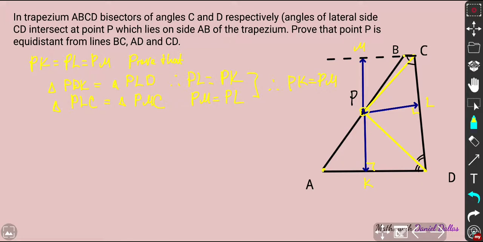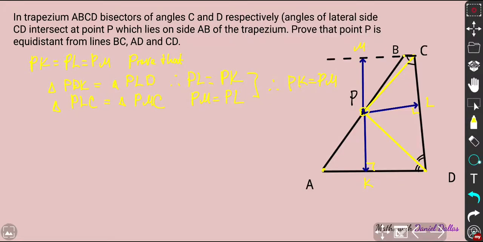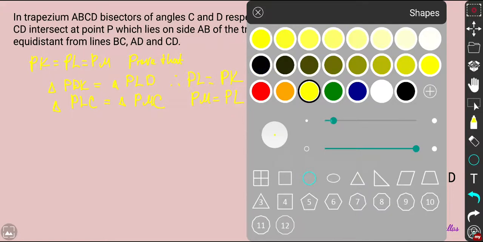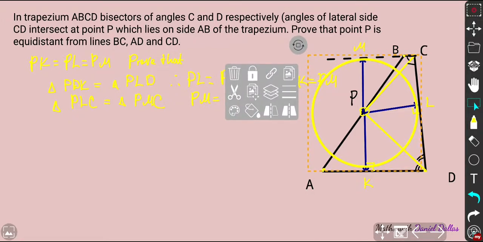That's pretty obvious. And on top of that, you can even use the fact, if you put the circle, let's use a yellow circle, maybe a bit bolder, because PM, PL, and PK are the same distances, you can put the circle with the center P so that those distances become the radius.